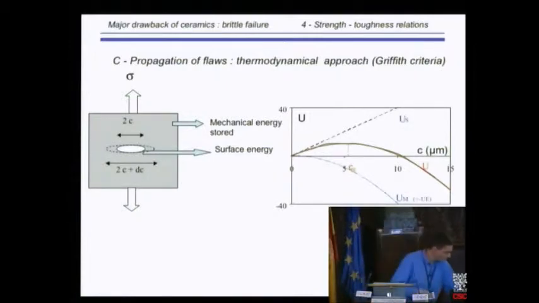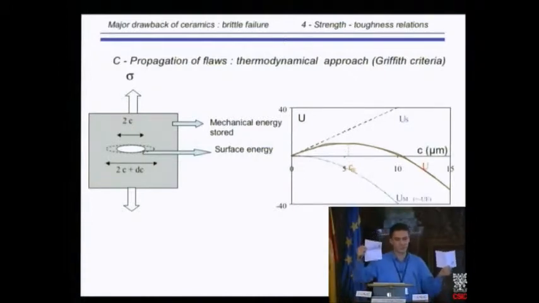First, when you apply a certain stress to this sheet of paper, you store some elastic energy. So when the crack propagates, you have a mechanical energy release, since when it's broken in two parts, there is no more stored elastic energy. So it's beneficial for the crack to propagate, to decrease the stored energy.